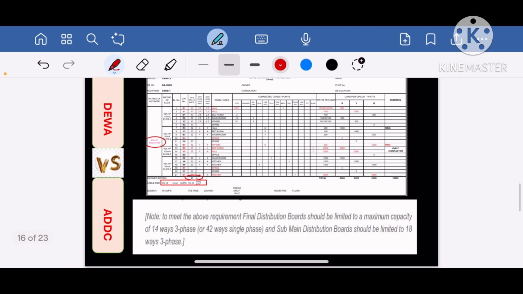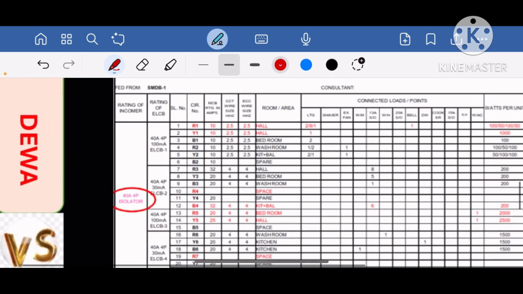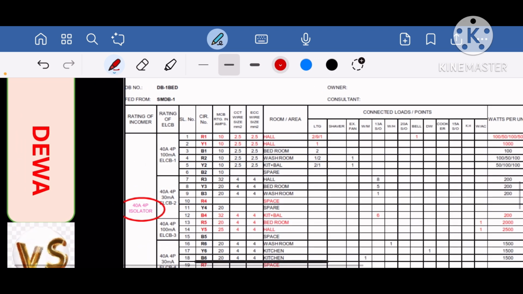Here you can see that, I will zoom it. As per DEWA, there is one section of ELCB, and that section is controlling 6 outgoing, that is 6 MCBs. Here also you can see there is one section, and that section is controlling again 6 MCBs.